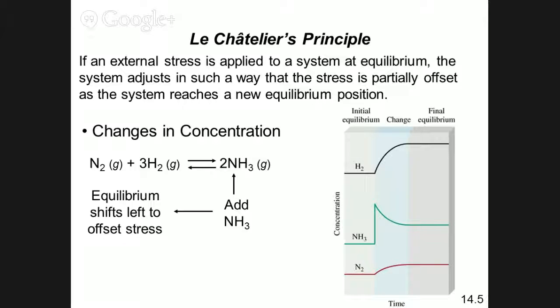So their concentrations go up, the NH3 starts to come down, and eventually they all flatten out again at new concentration levels. And by the way, if we were to stick the concentrations into that equilibrium constant that we were looking at just a moment ago, it would be the same value at the beginning and at the end, because everything has to adjust. It's kind of a proportional thing. Everything has to adjust in a certain way.